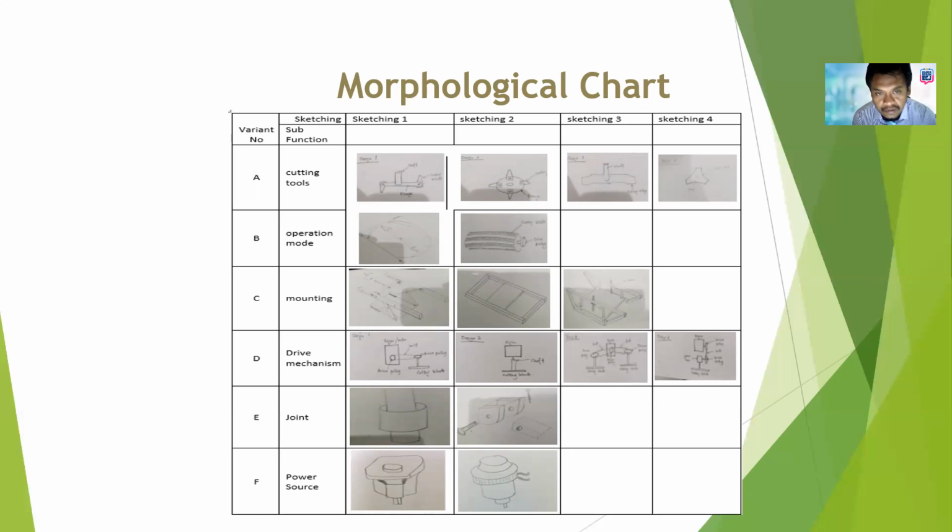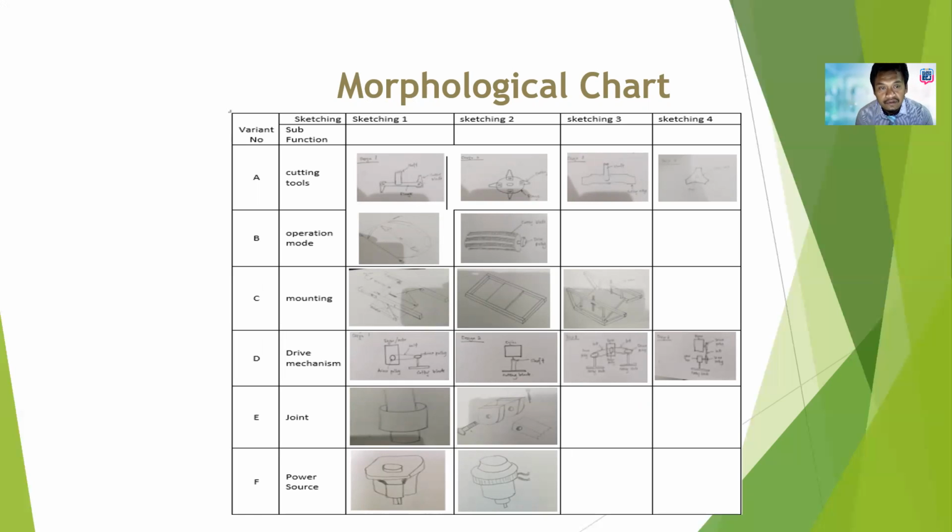From the morphological chart, we sketch ideas. There are six sub-functions.